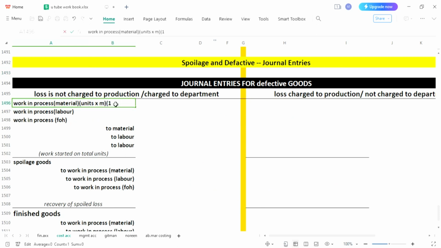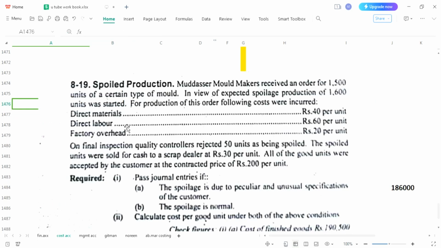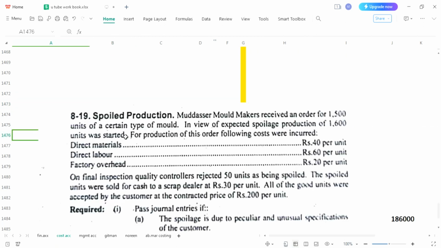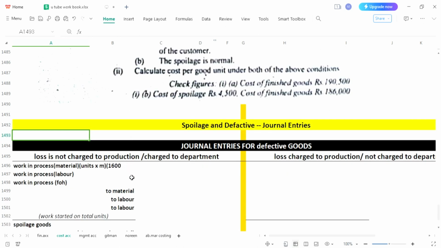Total units 1600, and then per unit cost of material is mentioned over here for production, the cost incurred. Since it is 40 per unit, that's what we needed. Total number of units 1600, and per unit cost is mentioned as 40, so you need to multiply it with 40.